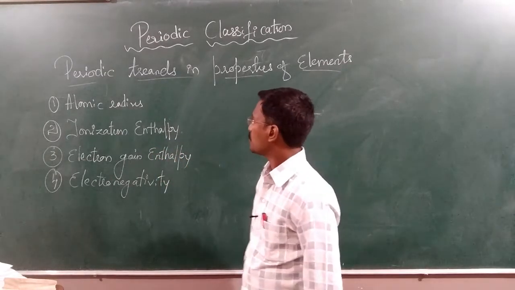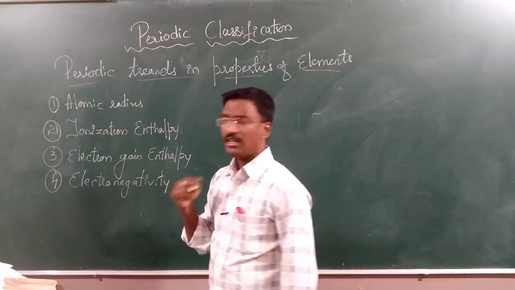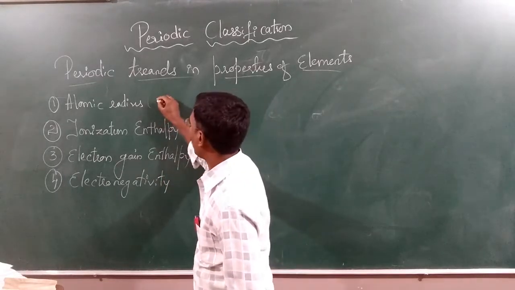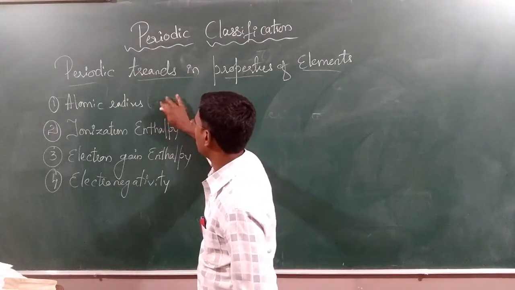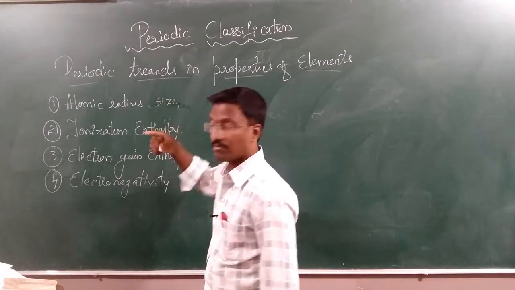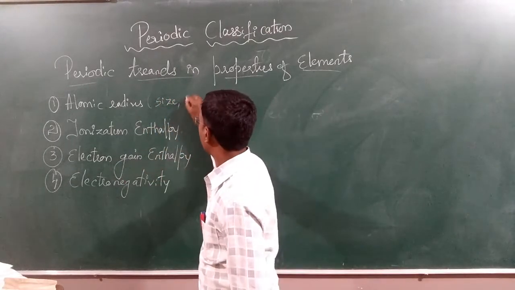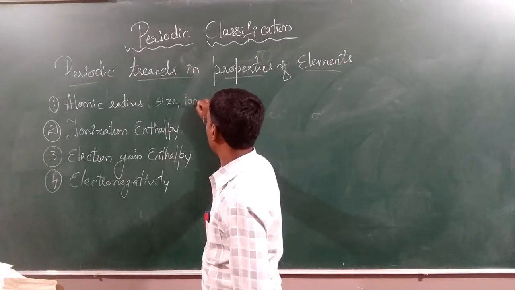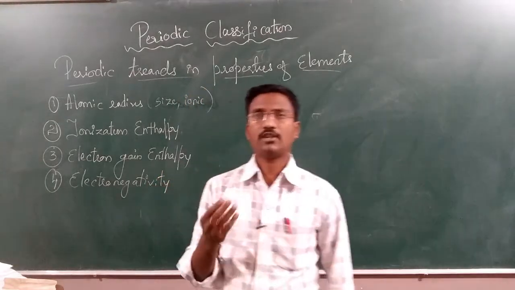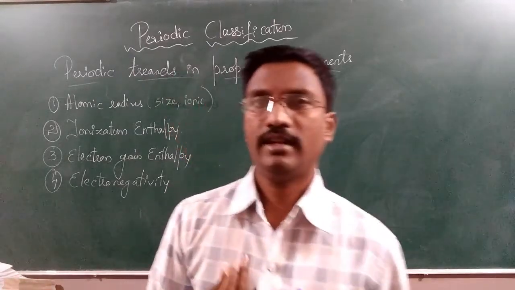Look here, the first one, atomic radius. If they ask what is atomic radius or what is atomic size, everything is the same. Sometimes ionic radius will also be asked. Ionic radius or ionic size, everything is the same. Ions may be positive ions or negative ions.